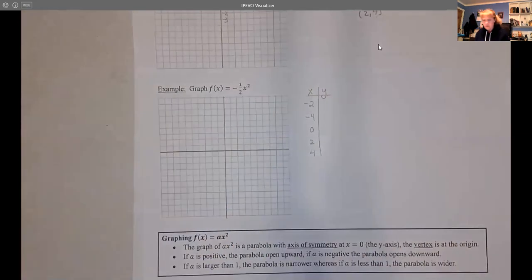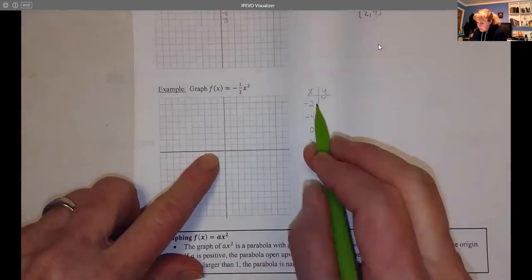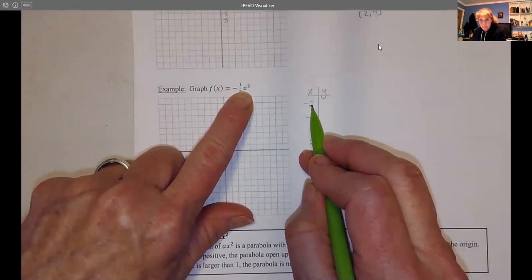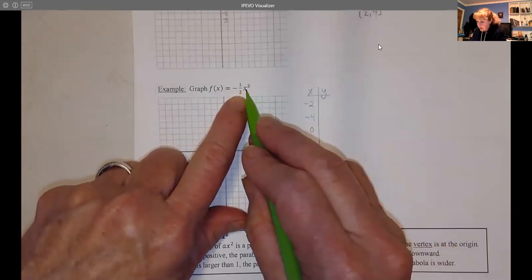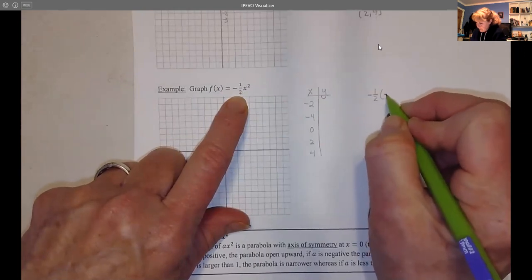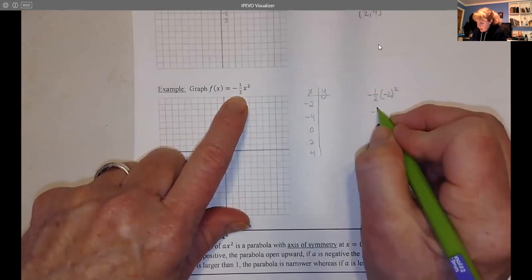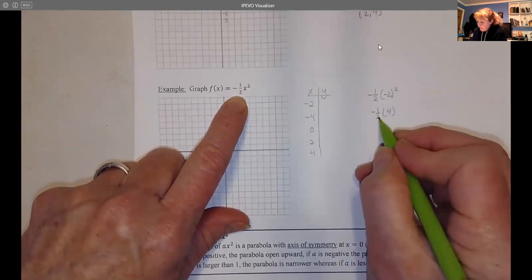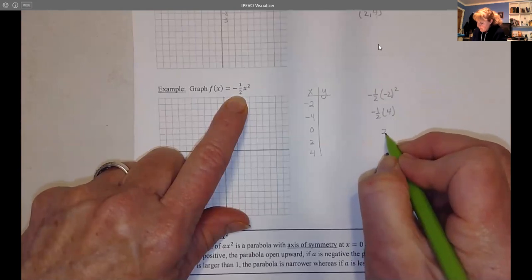We'll graph those 4 points. So let's put in our -2. -2 squared is 4. When you put a -2 in and square it, you get a +4. So -1/2 times 4. Half of 4 is 2. 4 divided by 2 is 2.